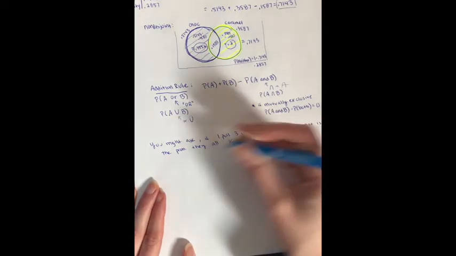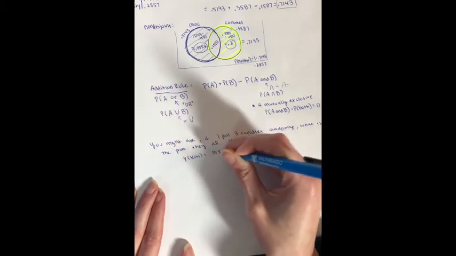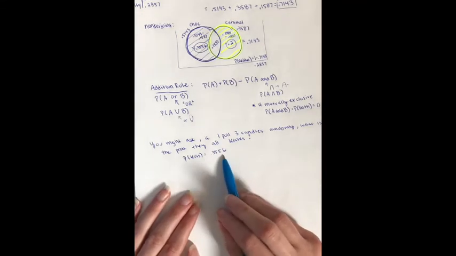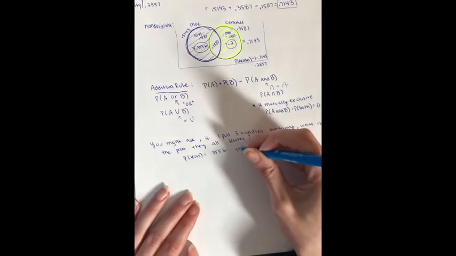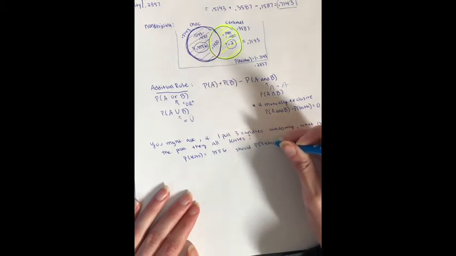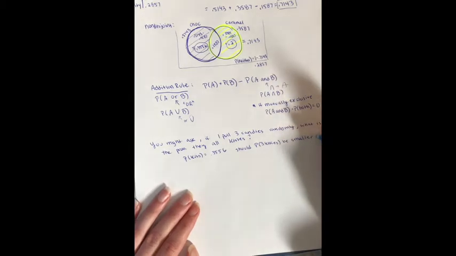Now, I know the probability of kiss is 0.3556. So 1 kiss has a 35% probability. Should the probability of 3 kisses in a row be smaller or bigger? Ask yourself that real quick.